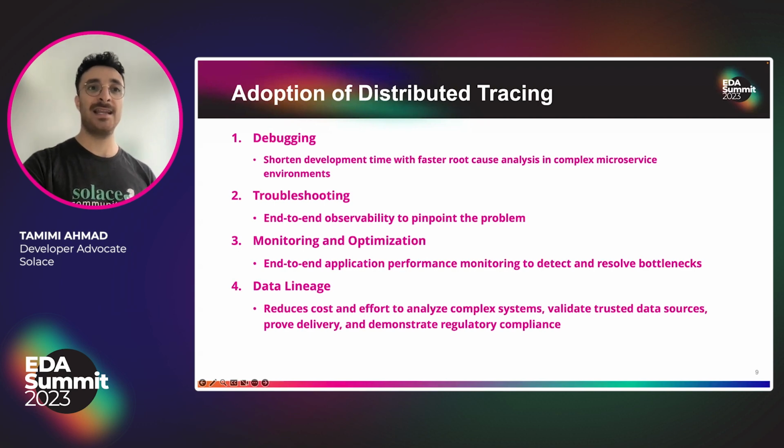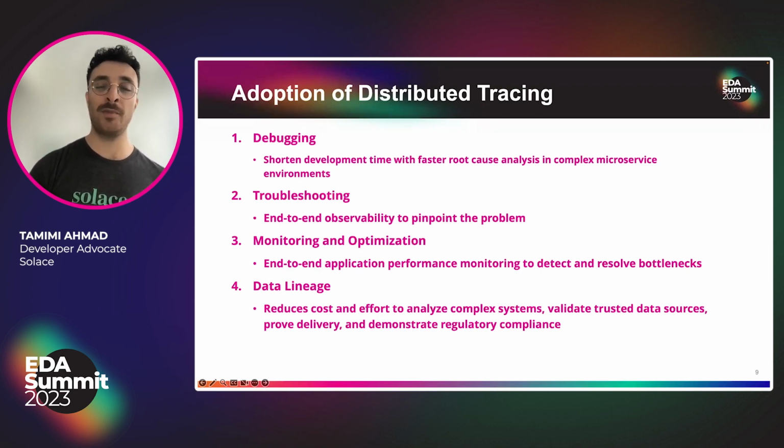And lastly, data lineage. Another advantage of distributed tracing is cost reduction when you analyze a complex system. You can validate the trusted data sources, proof of delivery, which is pretty critical, and demonstrate regulatory compliance. That also could be an advantage of distributed tracing.